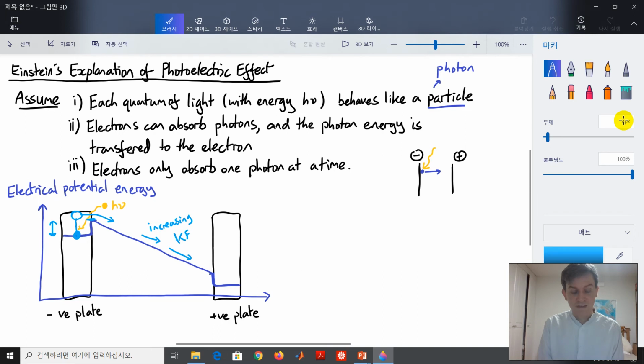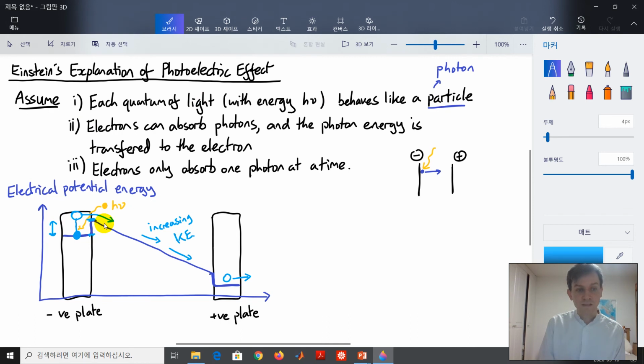It will accelerate, in other words, until it reaches the positive plate, and then it will go around the circuit again. So the first thing is, in order for the electron to escape, it has to gain enough energy to get over this potential barrier between this point and this point.